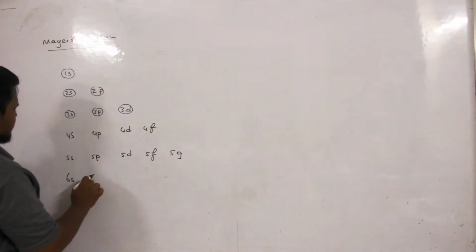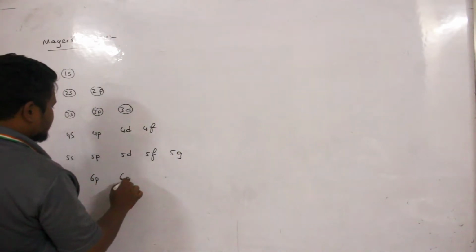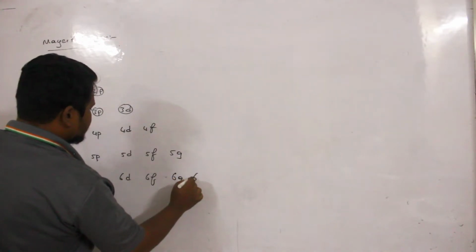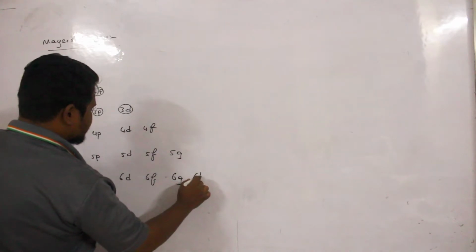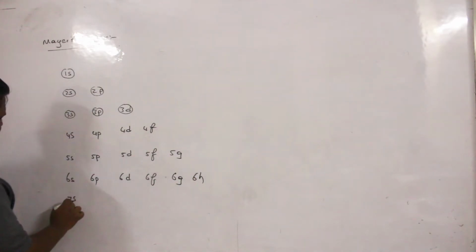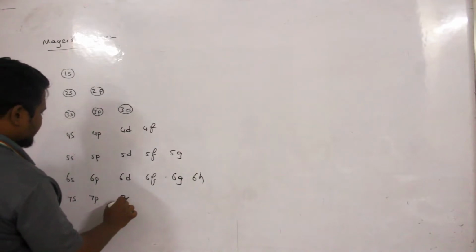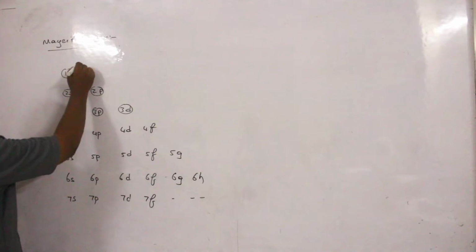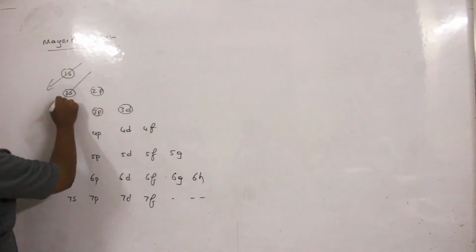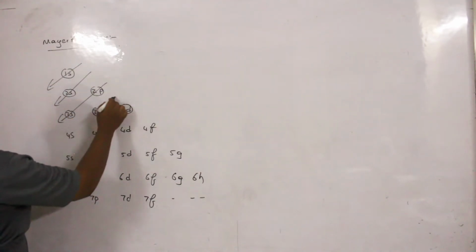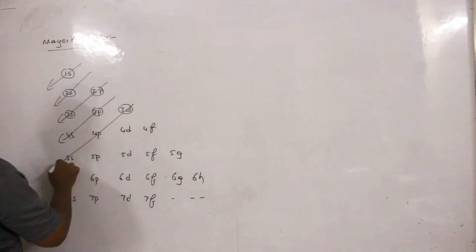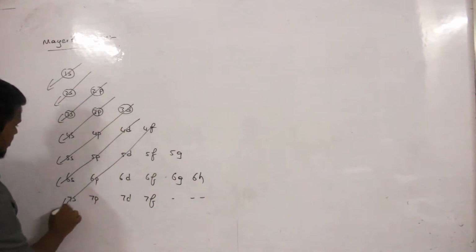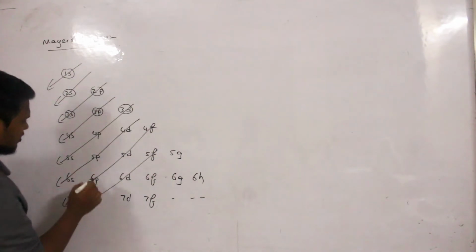So 6s, 6p, 6d, 6f, 6g and 6h. Similarly 7s, 7p, 7d, 7f and it goes on like this. So this is the sequence of filling the orbitals. So this diagram we can call Euler's diagram.